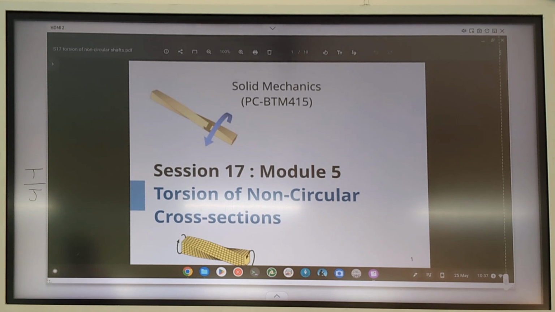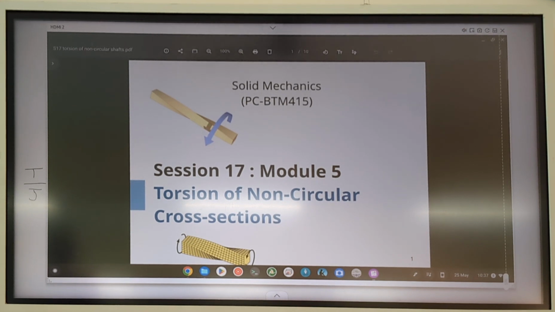That's right, so drill bit is a good example. What else? Any other cross section that has non-circular cross section? Okay, I'll show you some pictures. You can add to that.